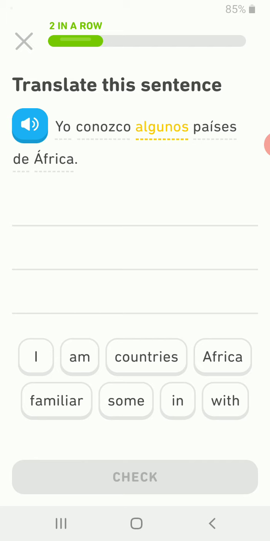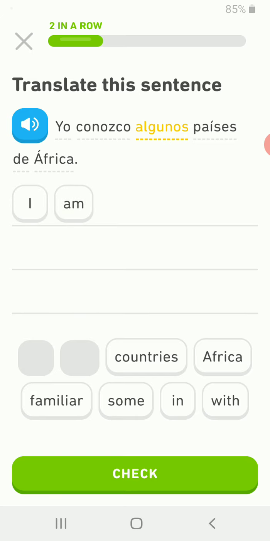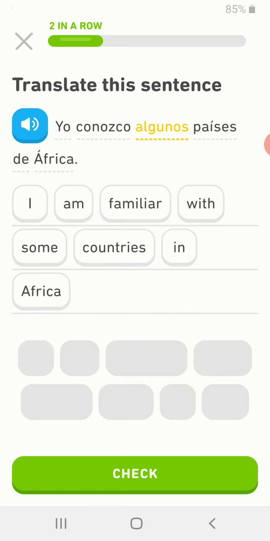You can say some girls are here, but you will not say algunas chicas, for example. But okay, let's see how it works. So I am familiar with some countries in Africa.